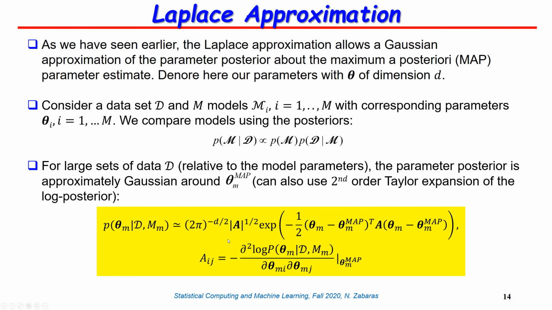So this approximation is extremely important and is used in many applications. If you assume that your posterior is unimodal, you can fit a Gaussian around the mode, and this Gaussian is known as the Laplace approximation or a Gaussian approximation of your posterior. Now, why do I mention this Laplace approximation?